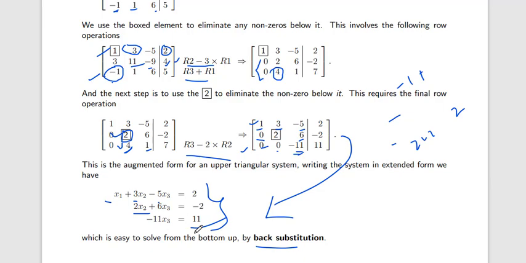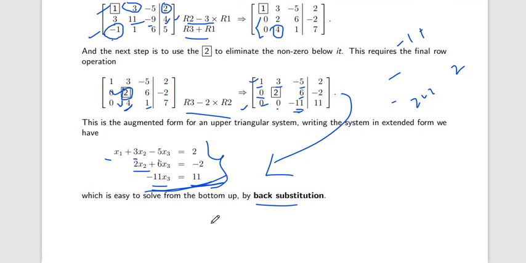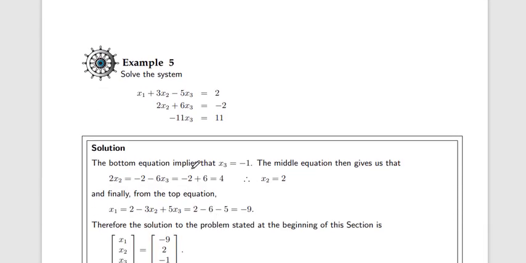Now the back substitution method. Here you can see that this is one equation and only one unknown. So what is the value of x3? If we divide 11 by minus 11, we get x3 as minus 1. Now the second equation.